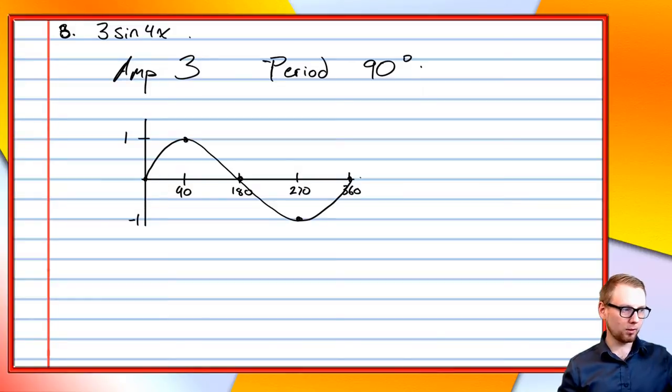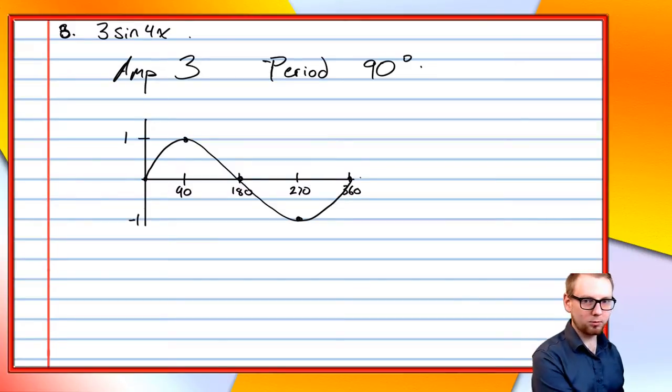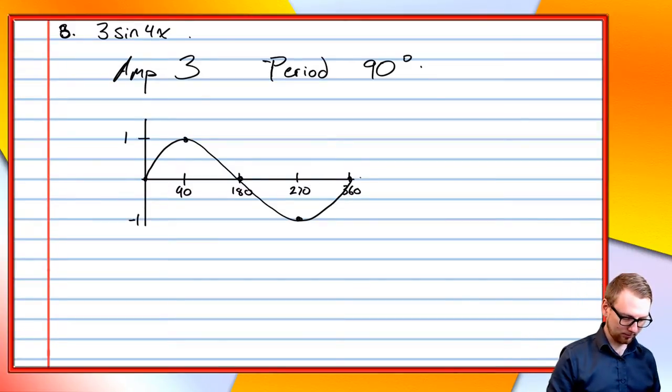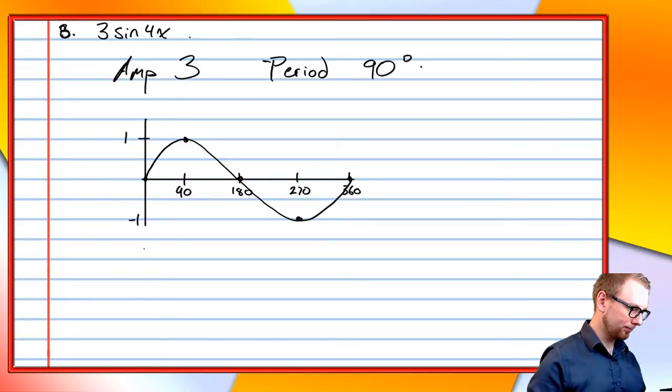We could do the change by the 4. So 360 now goes to 90 degrees is 1. Each one of these little tick marks that I draw gets divided by 4, just like 360 did. So 90 divided by 4, what? 22.5-ish.